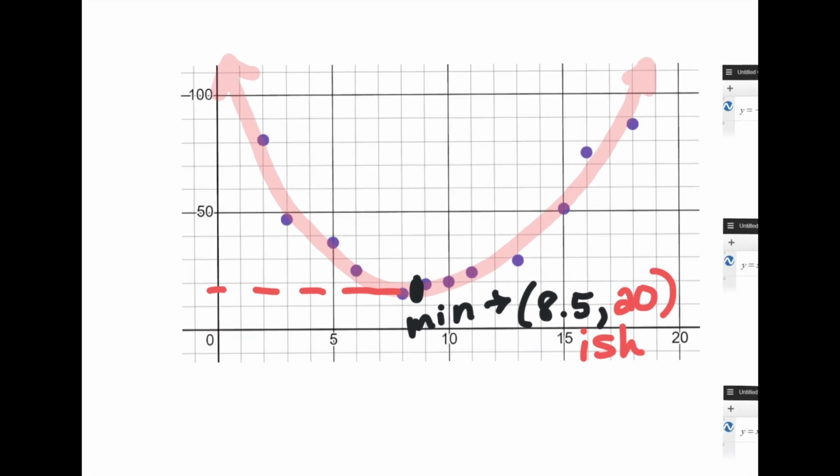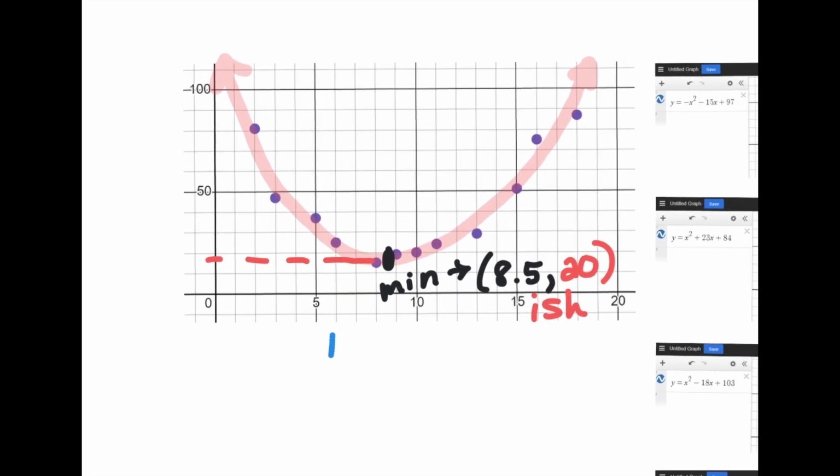But you see that there would be no x-intercepts here. It doesn't touch the x-axis anywhere, and the y-intercept would be way, way high.